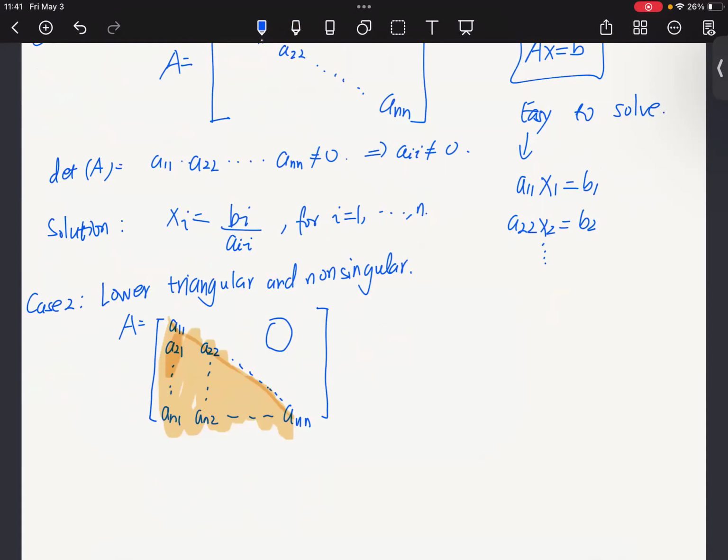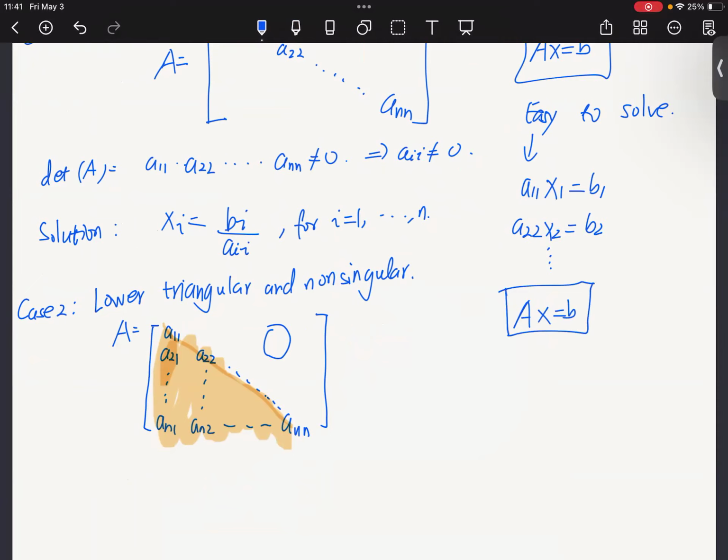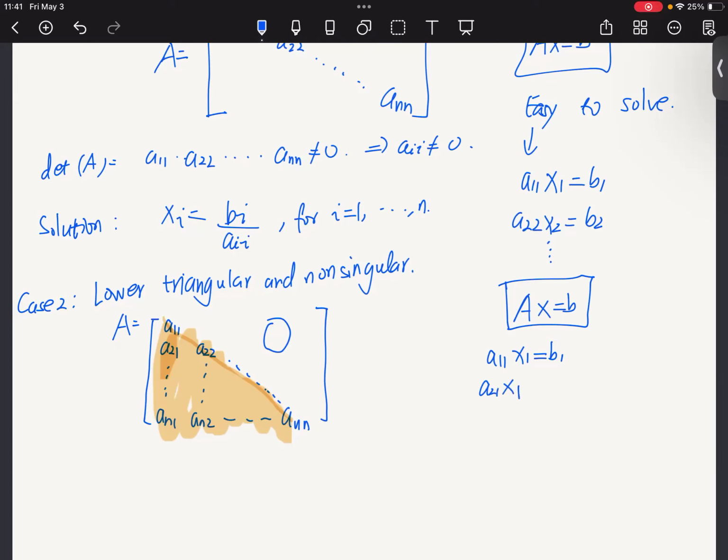And this one is easy because, let's see, the original version of the equation, Ax equals b, could be written in this way. The very first equation is just a11 x1 equals b1. The second equation is a21 x1 plus a22 x2 equals b2. I'm going to skip writing the equations below here.